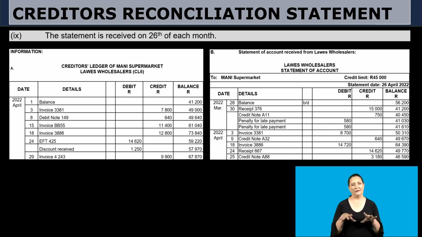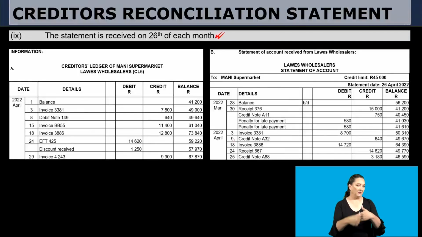And then the last one. Examiners love this one, where they simply say the statement is received on the 26th of each month. So that means when we received the statement on the 26th, did we go and make further transactions with our supplier? Yes, you can see there is a transaction there, an invoice number 4243 for 9,900. And here you can see the statement is ending on the 25th.